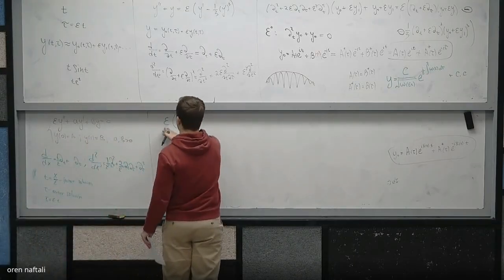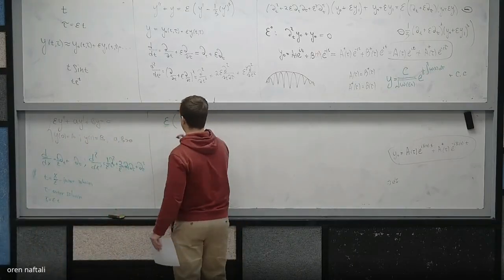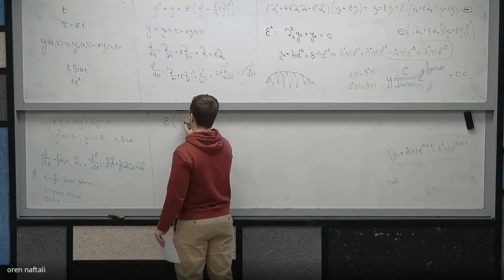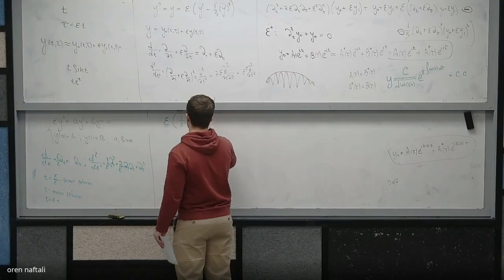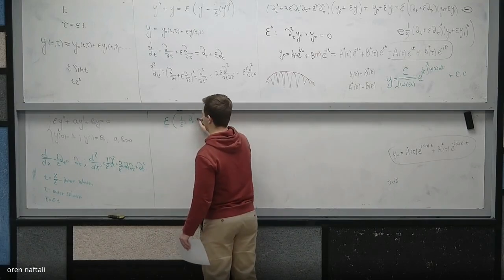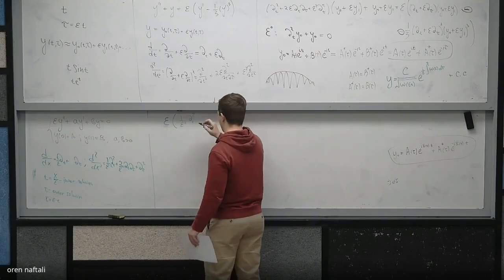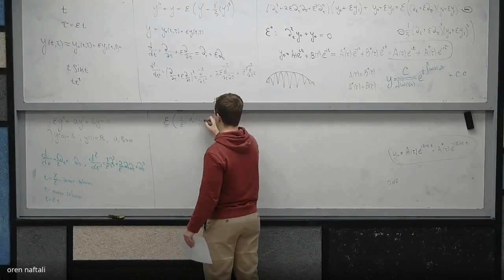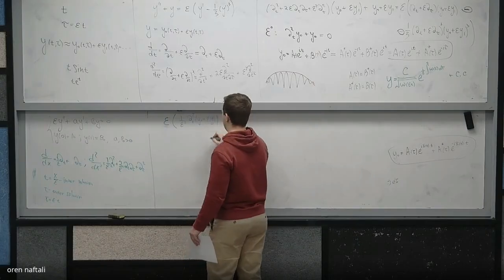So now epsilon times the second derivative, so it's like 1 over epsilon squared dt squared times y naught plus epsilon y1.